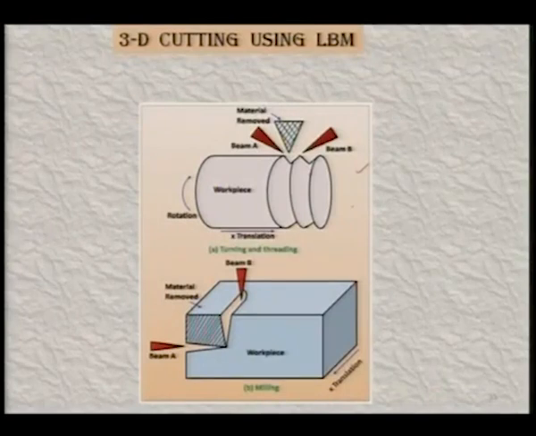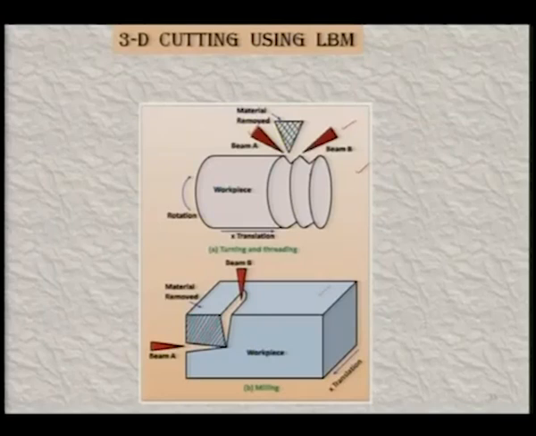If you are using two beams, beam A and beam B, both laser beams in a proper fashion, and the workpiece is rotated, then you can cut threads on the workpiece as you do on a lathe machine during turning. This can be used economically, especially for materials which are very difficult to machine.